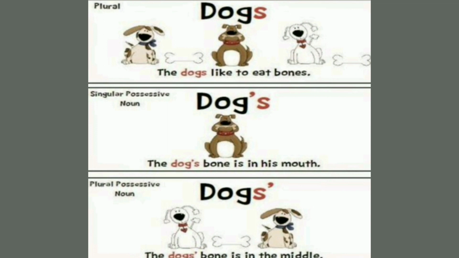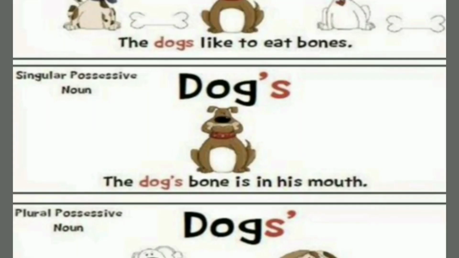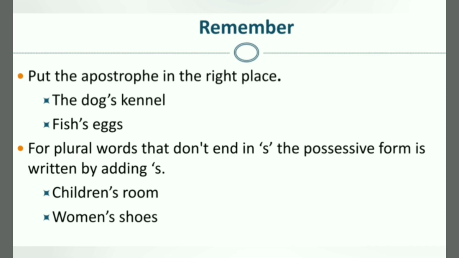Now, let's remember a few points. Put the apostrophe in the right place. For example, the dog's kennel or the fish's eggs.